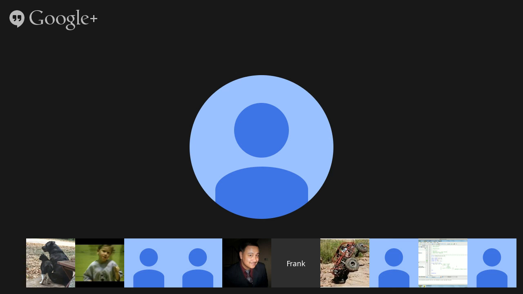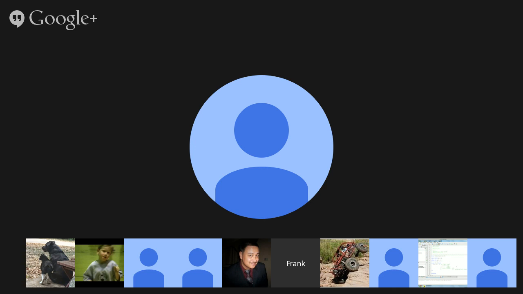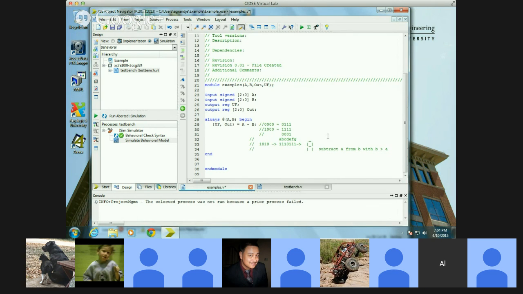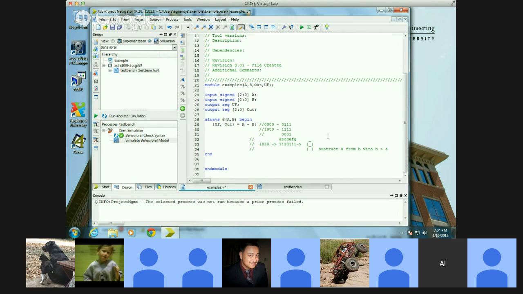If you subtracted 10 minus 12, that sets the underflow bit. And my understanding was that that would also be considered overflow since we hadn't gotten to signed and unsigned numbers yet. Yeah, that is correct. Yes, and negatives aside, that is the correct implementation.